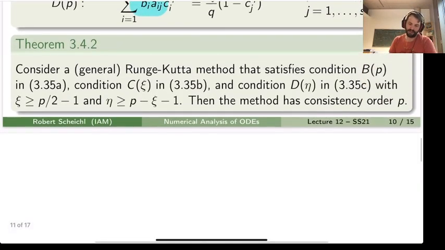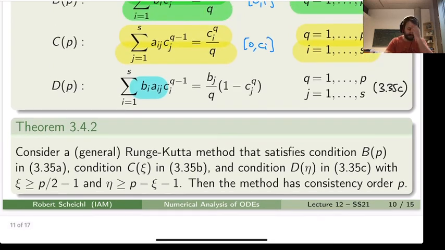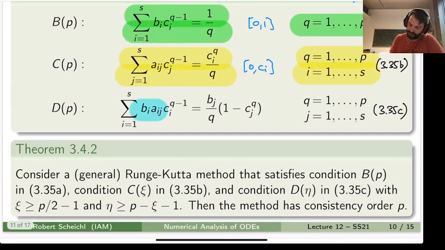Okay, so then the following theorem holds under these simplified conditions. So consider a general Runge-Kutta method, and now we're not going to satisfy all those conditions with the same coefficient. So we need to satisfy 335a with parameter p.